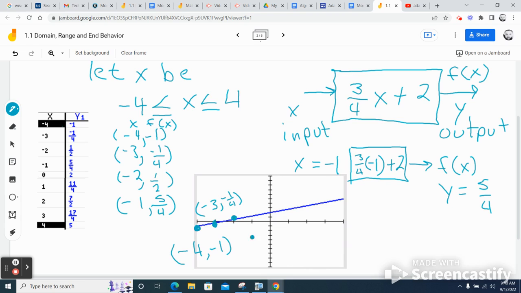This point here is -2, comma, 1/2, right? This point here is -1, comma, 5/4. This point here we know is 0, comma 2. And then all the way at the end, we've got the point 4, comma 5. Okay?